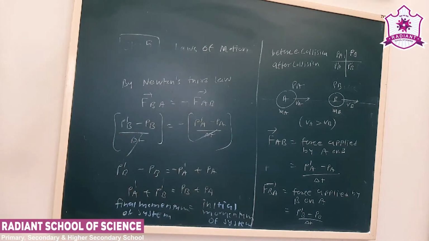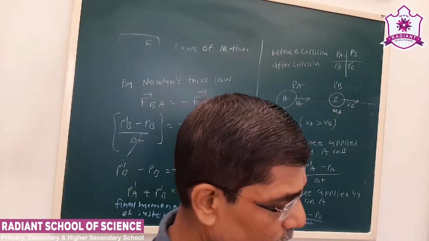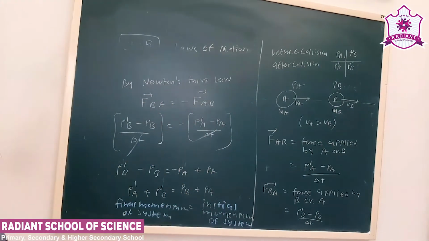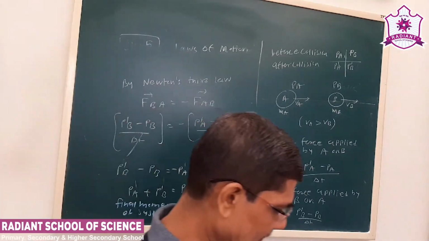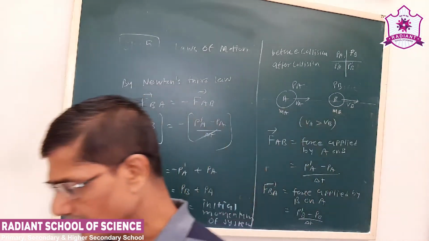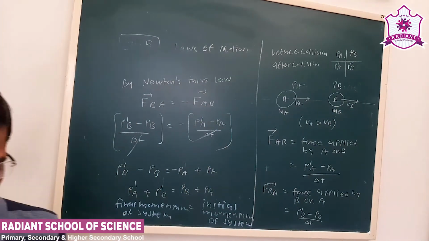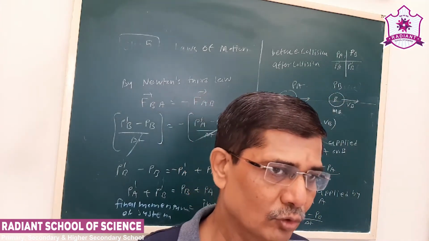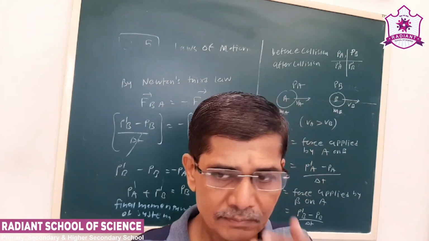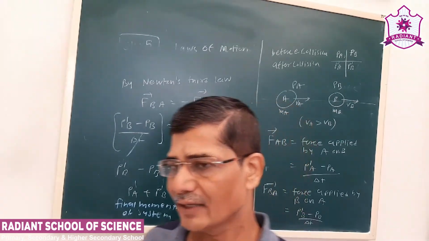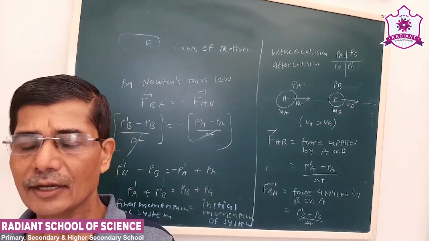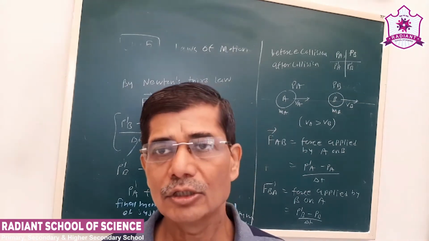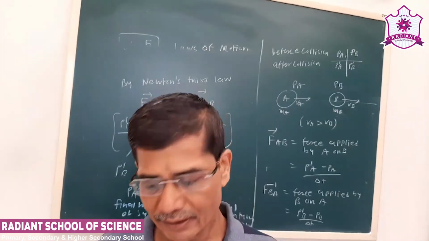Now there are a number of examples of the law of conservation of linear momentum. In lesson number 1 we studied natural forces, and then we studied about the weak force. We studied that along with the beta particle, a particle called neutrino is also emitted.